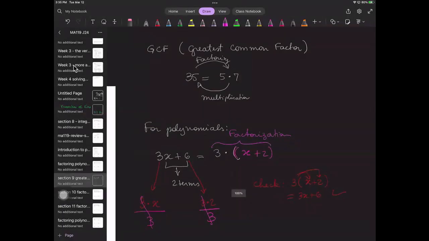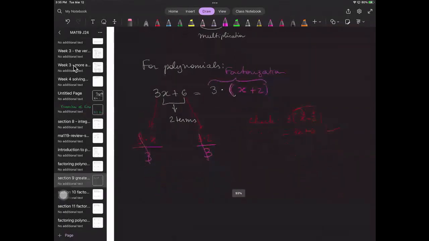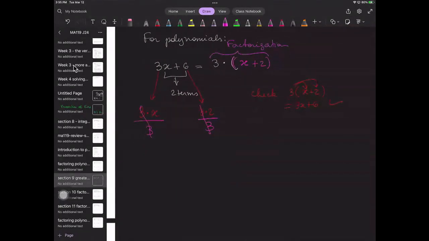All right. So let me give you more examples here, and then we're going to move back to the handout to do those examples. Let's just find the GCF of the following. I'm not asking to factor, I'm just saying let's find what the GCF is.